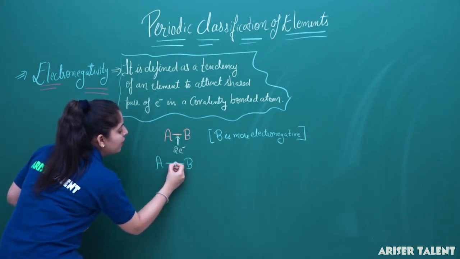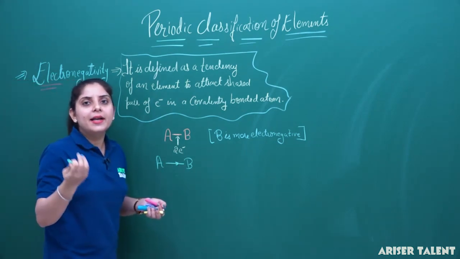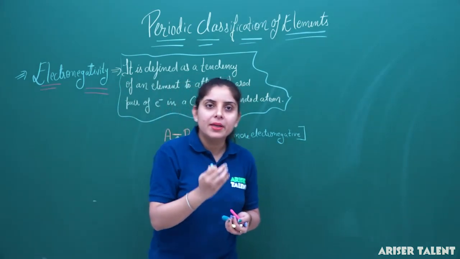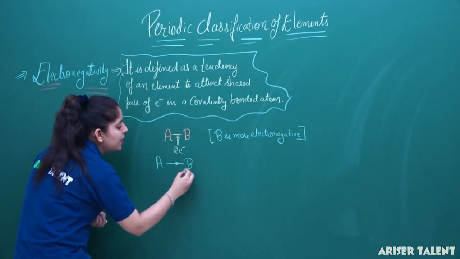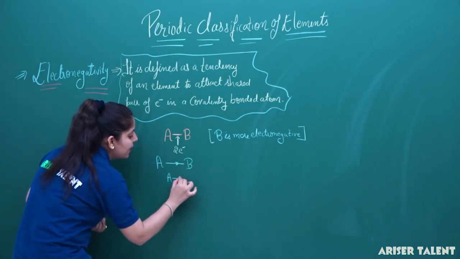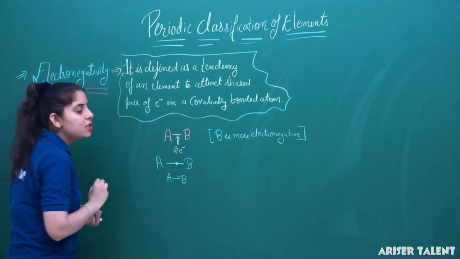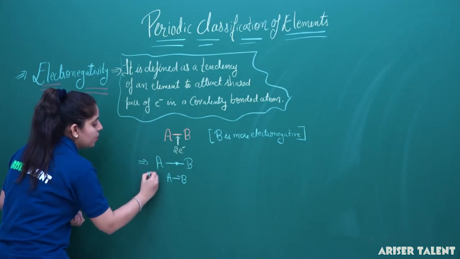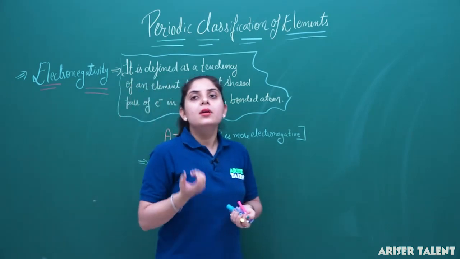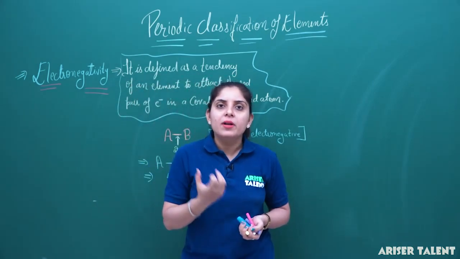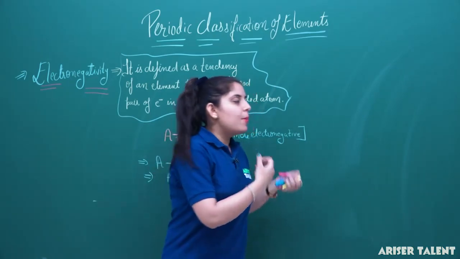B will try to attract the pair of electrons from A. So you can see that the concentration of the electrons will be greater on the side of B, because B is trying to attract more electrons towards it. If I draw A bond B, there is a greater concentration of electrons towards B. So electronegativity is defined for a compound in which one element is more electronegative as compared to the other. So it is all about electronegativity.